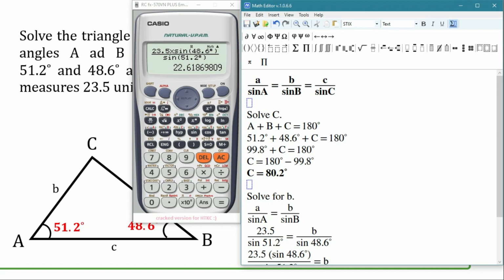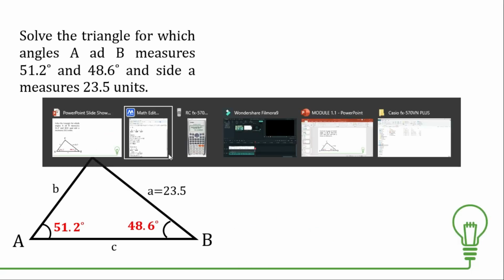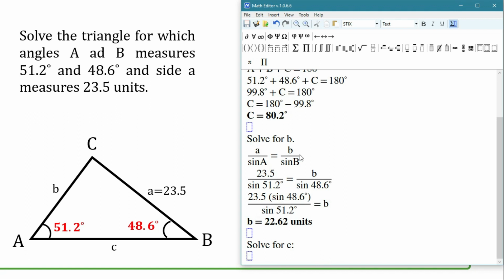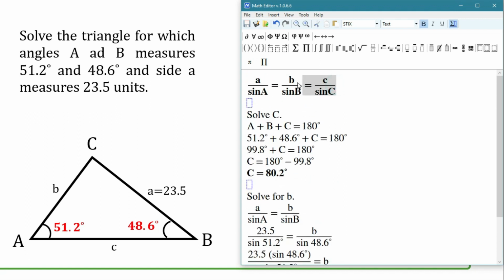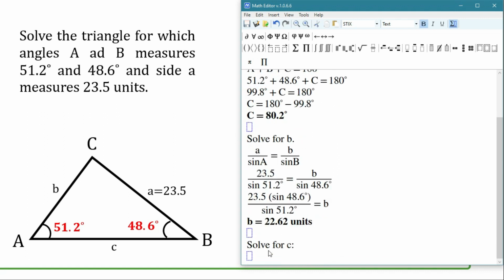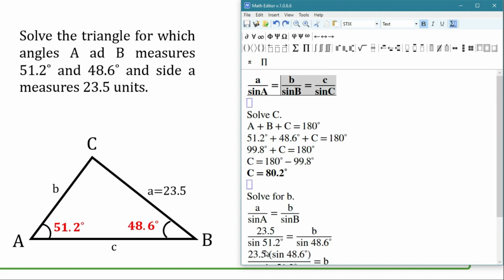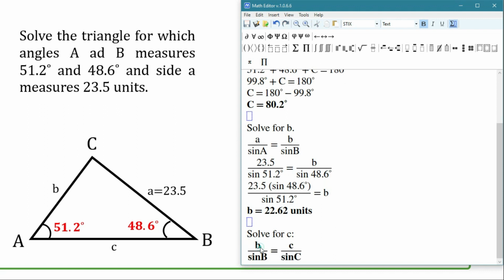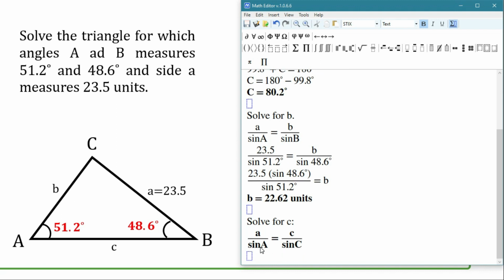Since given tayo sa ating problem, si angle A at si side A, so si A over sine A equals C over sine C na lang yung gamitin natin. Okay, copy lang natin to. That is A over sine A equals C over sine C.